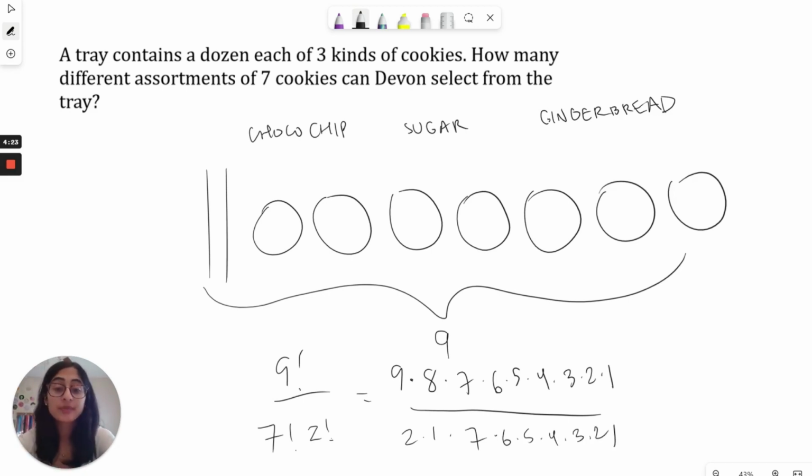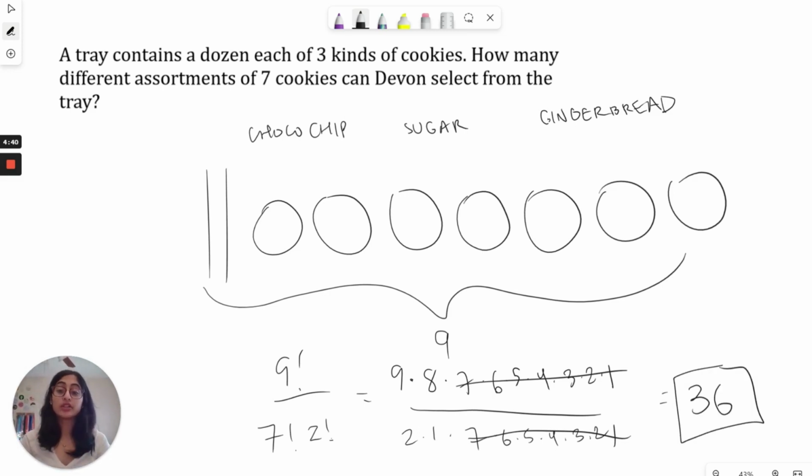And if you notice, the 7 times 6, and so on, on the numerator and denominator both cancel out, leaving us with 9 times 8 over 2, which is equal to 9 times 4, which is 36. So there are 36 different ways to arrange these sticks and stones, therefore 36 different ways that Devin can select an assortment of 7 cookies.